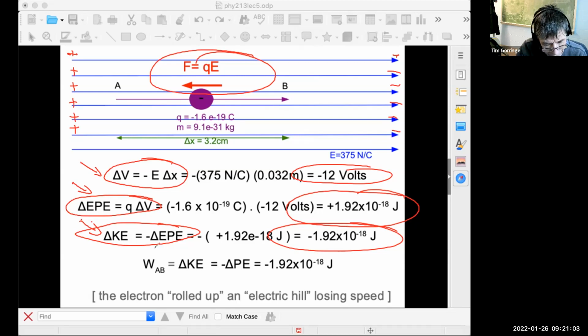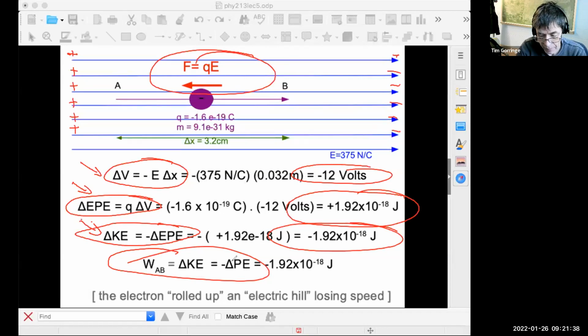And then finally, the work done. We can write the work done in moving from A to B as the change in kinetic energy, or the negative of the change in potential energy. This equation here is just the idea that forces transfer energy, and the work done is the amount of that transferred energy, and it's the amount that the kinetic energy grows by. That's the work done on the particle, the electron or the proton, and it corresponds to the negative change of the potential energy.